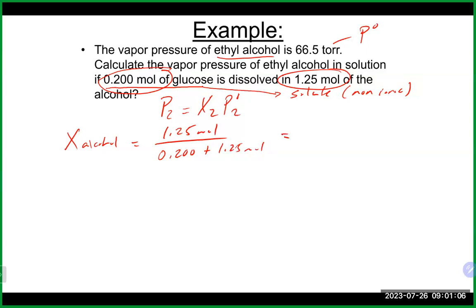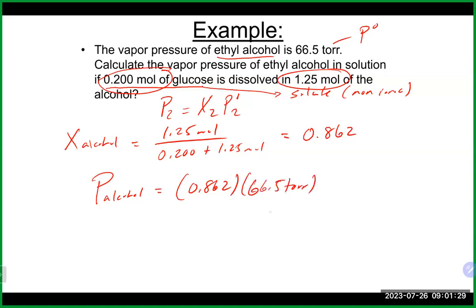So 1.25 divided by 1.45 gets us basically 0.862. Now we can calculate the vapor pressure of our alcohol in this solution, which is our mole fraction times the normal vapor pressure of the pure substance. In this case, we end up with 66.5 times 0.862, about 57.3 torr.